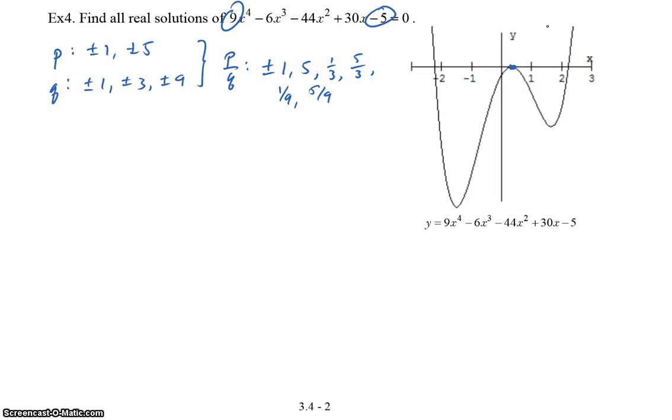So let's give that a try with a synthetic division. Okay, now coefficients of our polynomial are 9, -6, -44, 30, and -5.